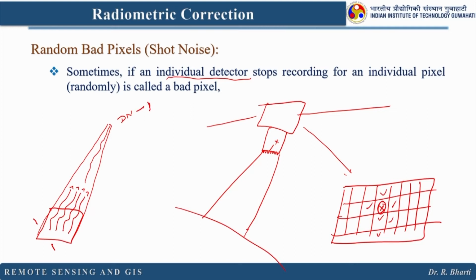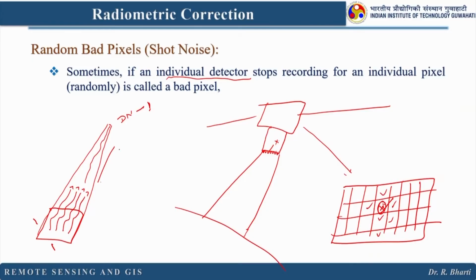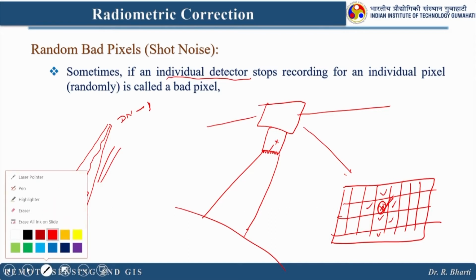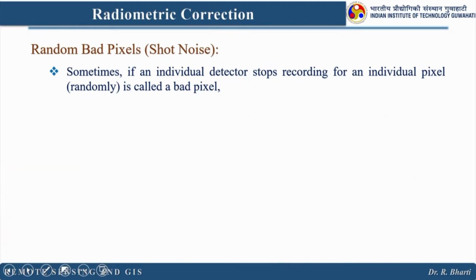So it says that when an individual detector stops recording for an individual pixel, it is called a bad pixel. Individual pixel means only for that particular moment there was a problem. We do not know what happened to that detector, but somehow it did not record the expected energy and it is giving you some error, right. So that is known as random bad pixel.